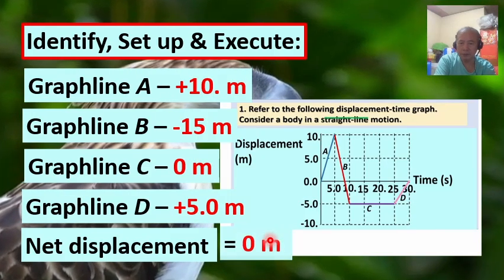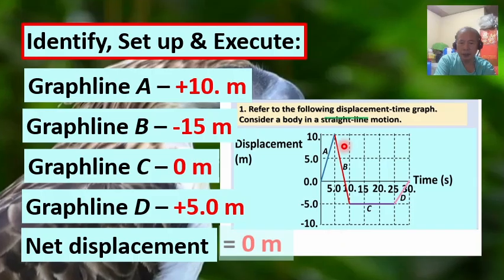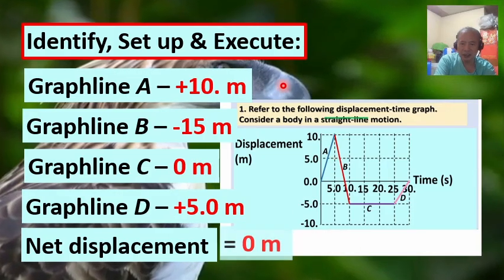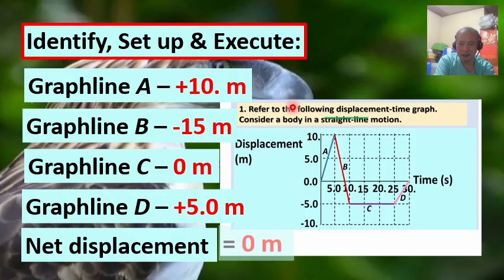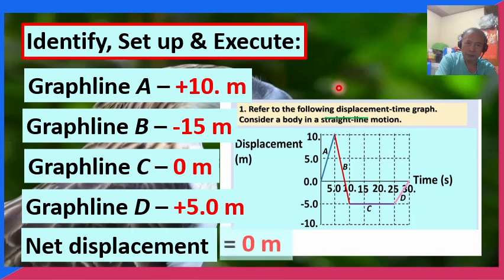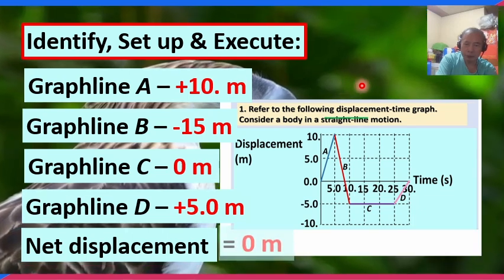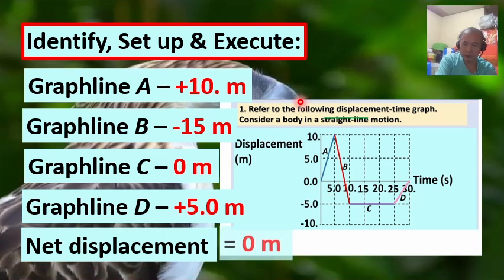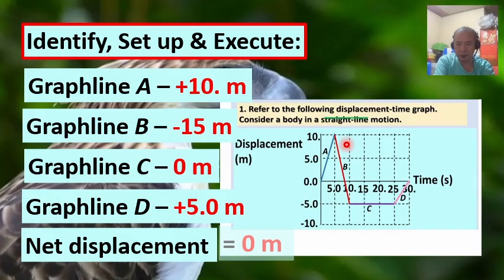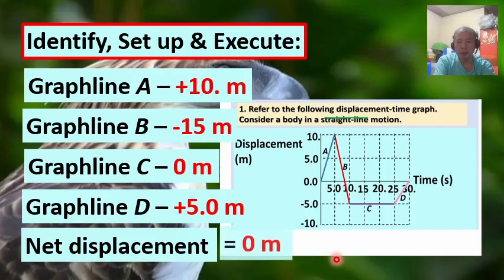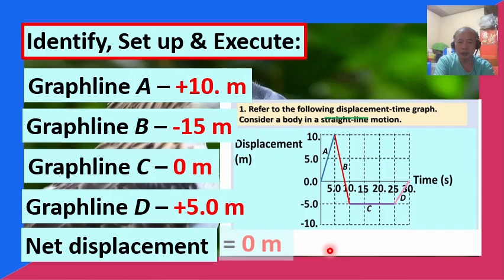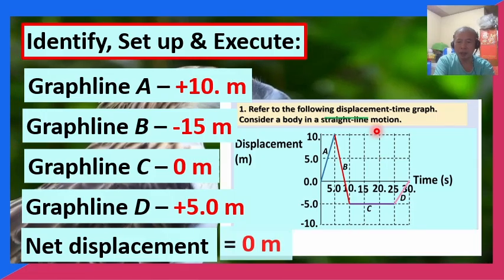But in fact, it has traveled a certain total distance, earlier computed, equal to 30 meters. But during the same time interval, the net displacement is 0. So you see here the big difference between the meaning of total distance traveled by the body and its total displacement for the same time interval.